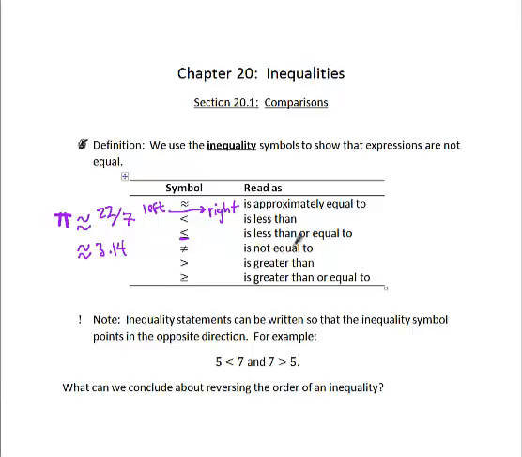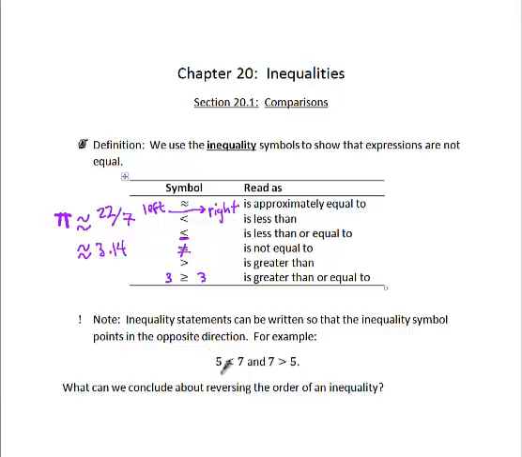Okay. Is not equal to, basically an equal to symbol with a slash through it. Is greater than, we've simply reversed the less than sign, so the angle opens up towards the left. And then we have the other version of greater than, is greater than or equal to. And so with this one, we can have the same number on both sides, and it would still be an appropriate symbol.